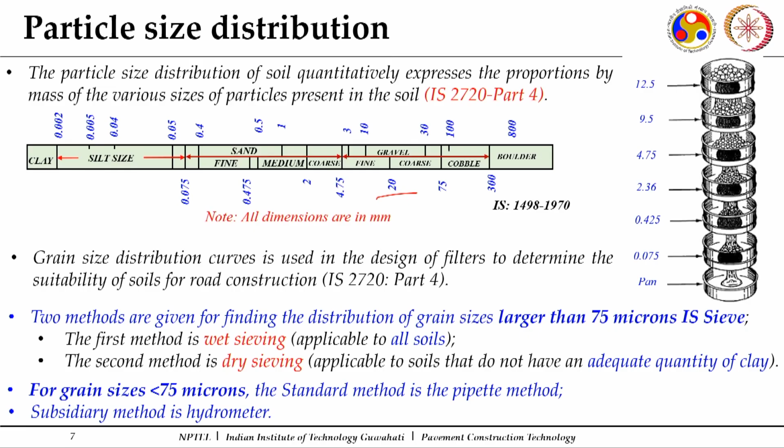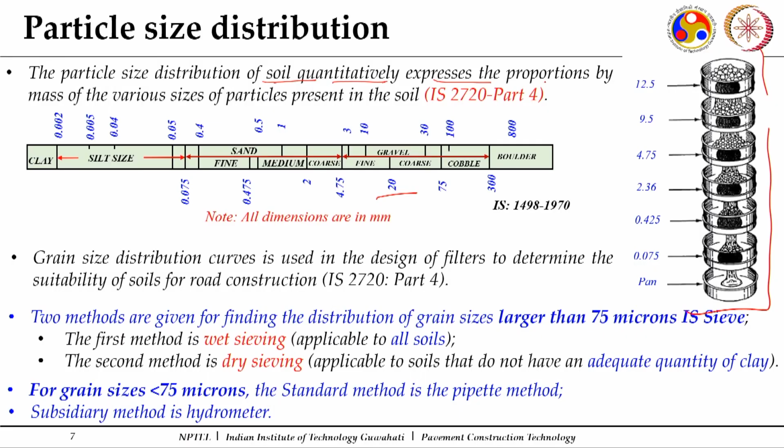But practically, working with these sieves, the gradation is possible only up to certain sieve sizes. Below those finer sizes, it is not possible to do it using these different sieves. So, we will look into it.